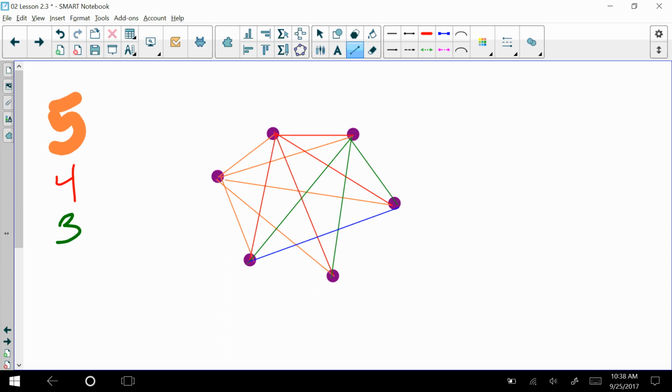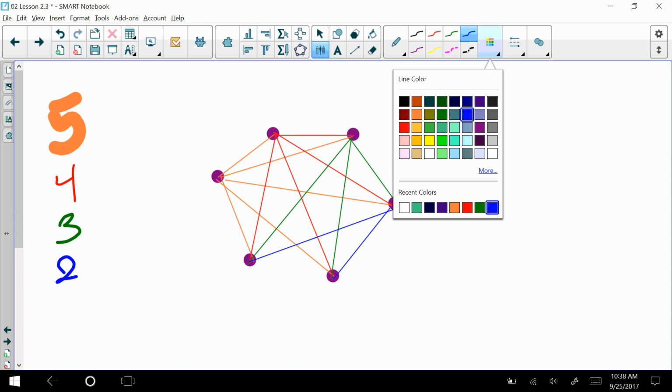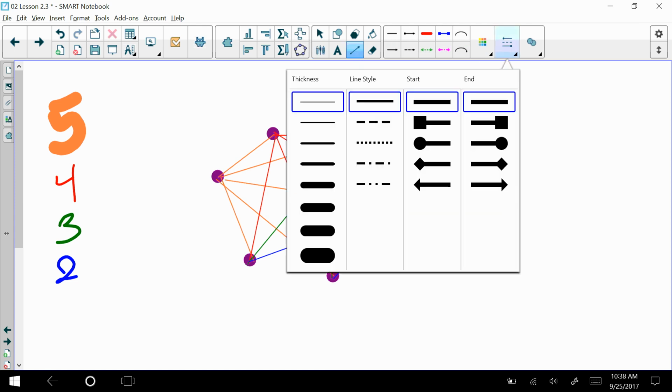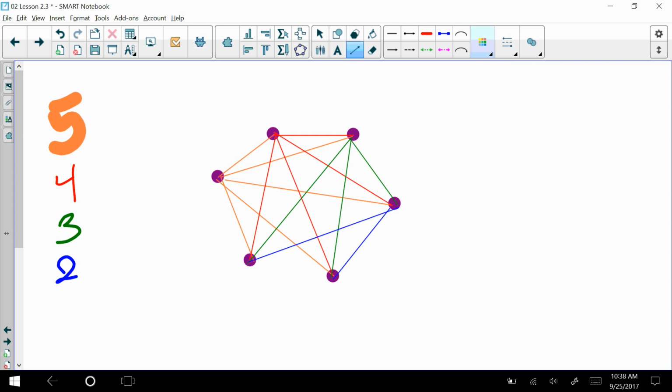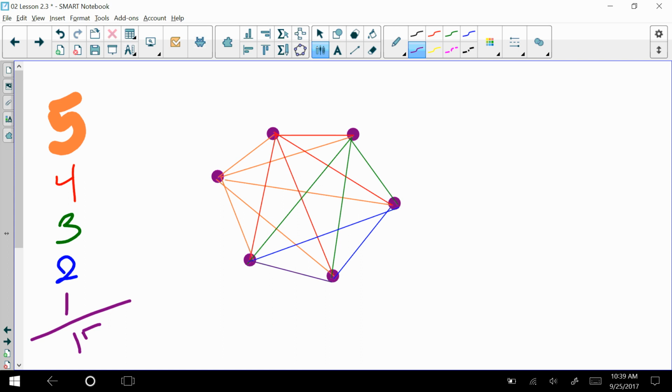So here's 1, 2 more. And then from our last point, we have 1, 2, 3, 4, and we need 1 more line. So if we add all of those up together, 5 plus 4 plus 3 plus 2 plus 1, we get a total of 15 lines.